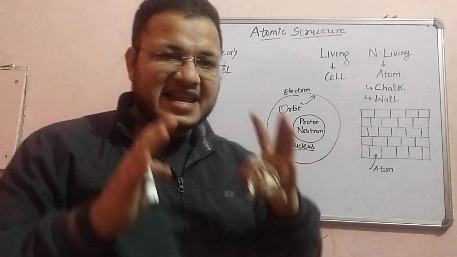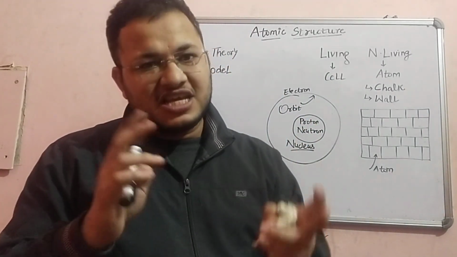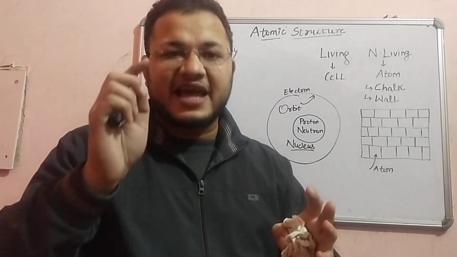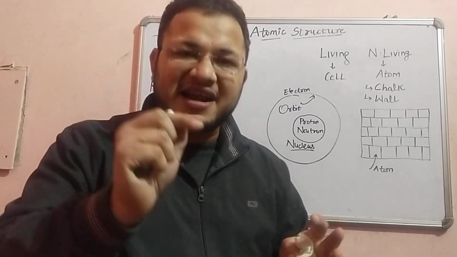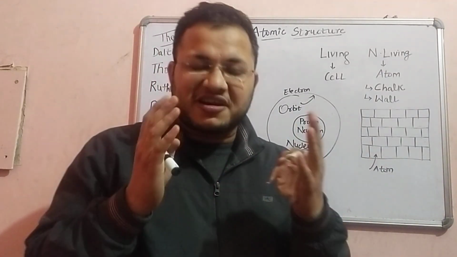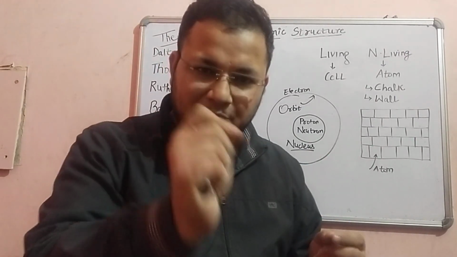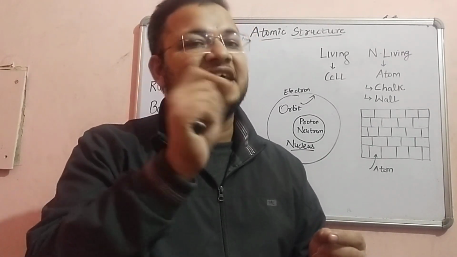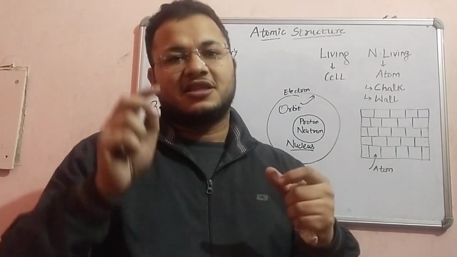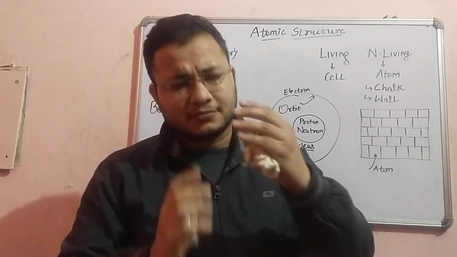Thomson said an atom contains an equal amount of positive charge and negative charge, but the negative charges are embedded in the positive charge, just as the seeds of the watermelon are embedded inside the eatable material.